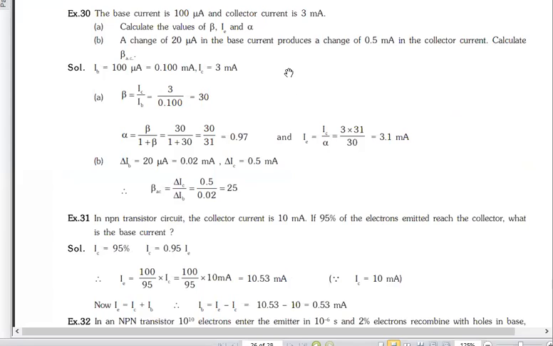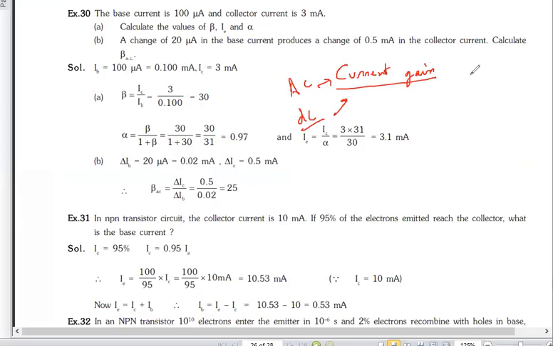Okay. Now, there's one thing which I want to tell you. When you talk about gain, especially current gain, you might hear about two things: AC current gain and DC current gain. I'm not explaining what the difference between AC current gain and DC current gain is, but mathematically, I'll tell you what the difference is.